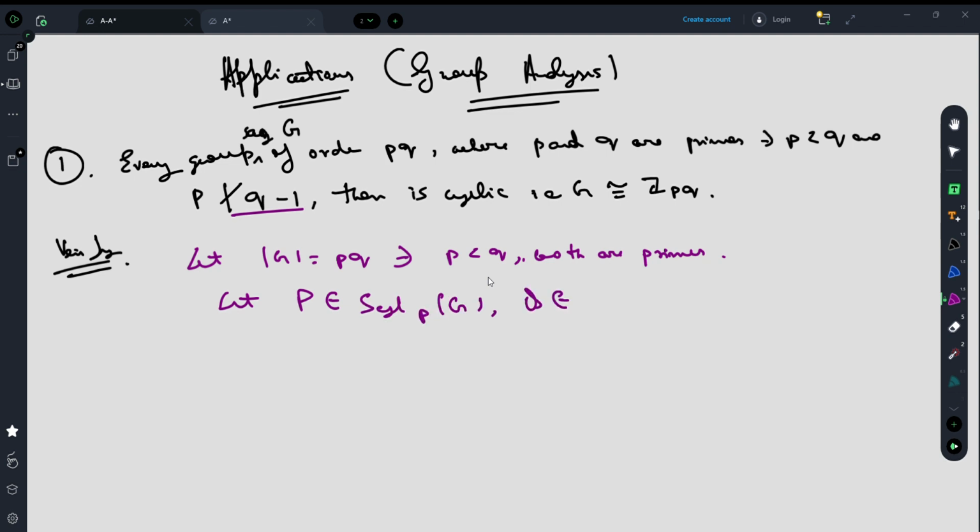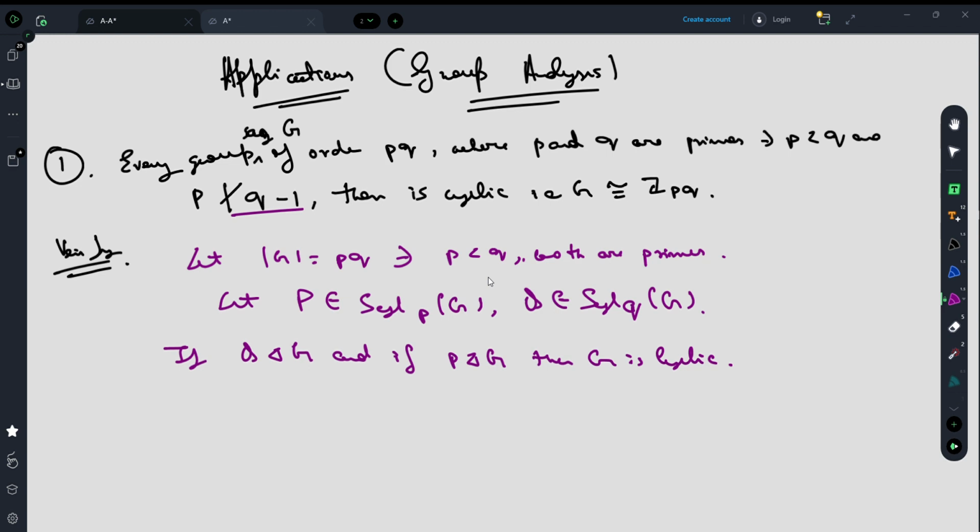Now, let P be a Sylow P subgroup of G, and let Q be a Sylow Q subgroup of G. What we try to show is that if Q is normal in G and P is normal in G, then G is cyclic.